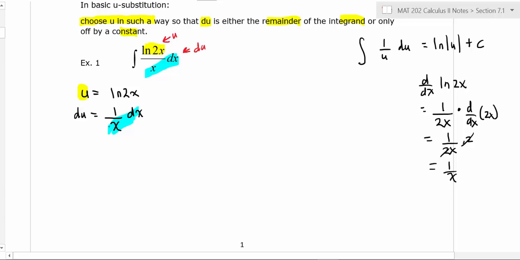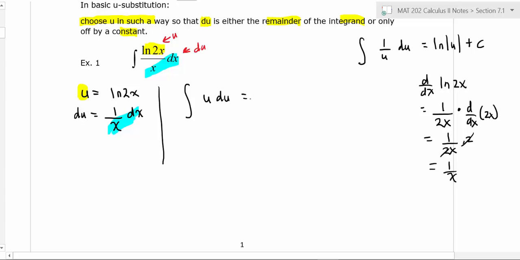So when you write your integral, what you end up having is the integral of u, and then 1 over x dx is the rest of the integral, so you have u times du.